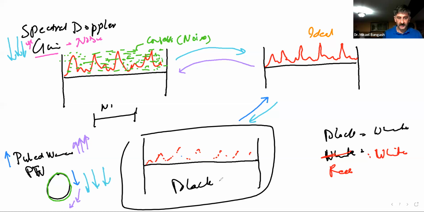Whereas if you see this image and they ask what can you do, well, increase the Doppler gain because we want it to be something like this, so that we have a recording of the spectral Doppler visible on the spectrum.